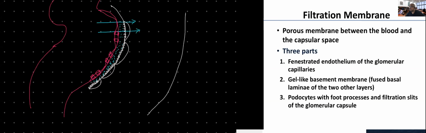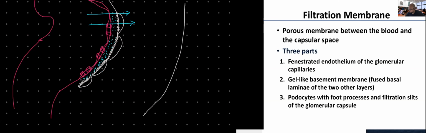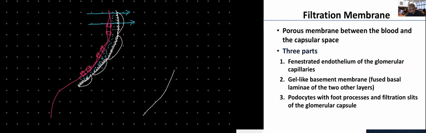And the filtration membrane is going to be formed of 3 layers. First layer that we're looking at in here, this is going to be my fenestrated endothelium.